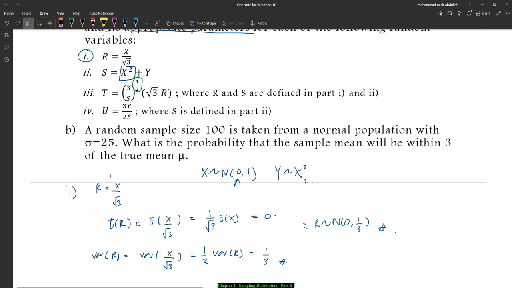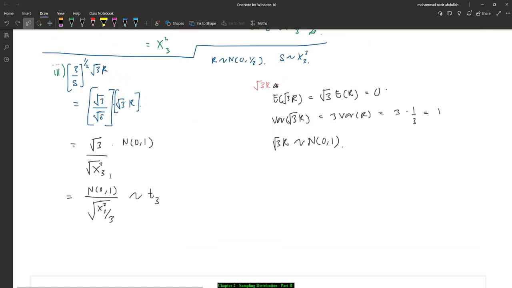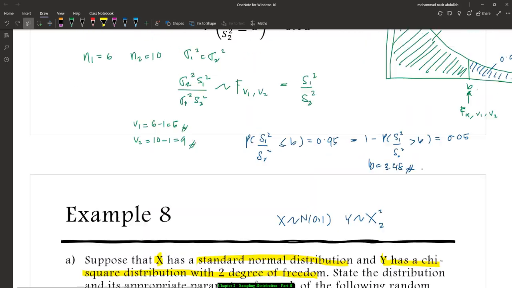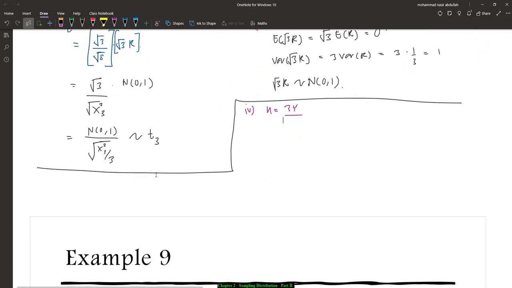So next is U equal to 3Y divided by 2S. Alright? Number 4, U is equal to 3Y divided by 2S, and we know S and Y are defined previously.